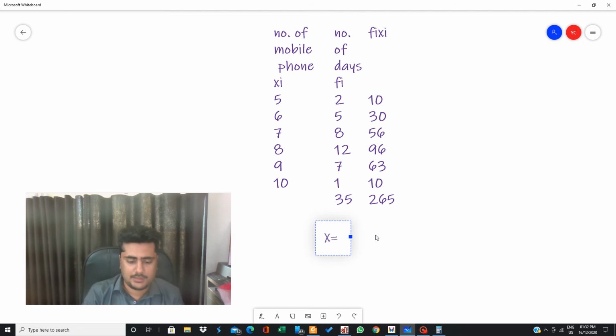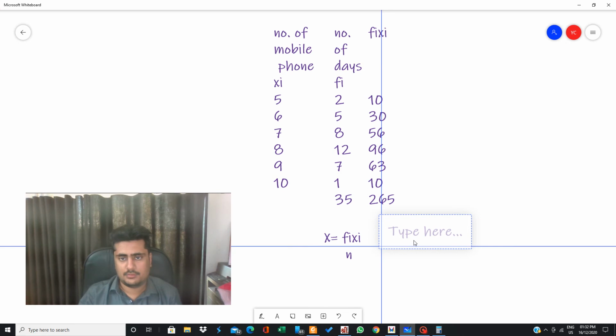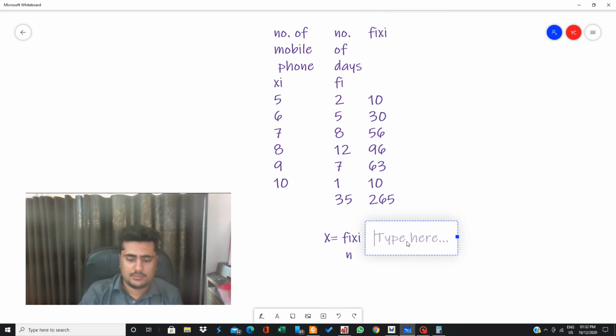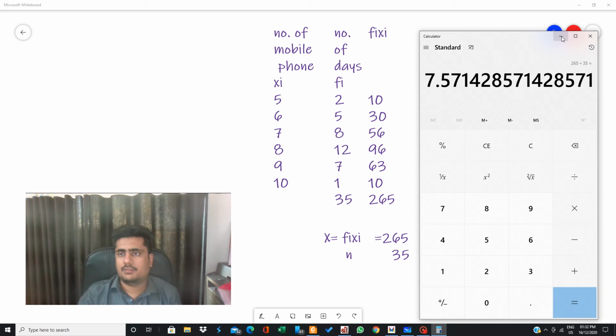So my x bar is sigma fi xi upon n. Now what is my sigma fi xi? It is 265 upon 35, which is 7.57.